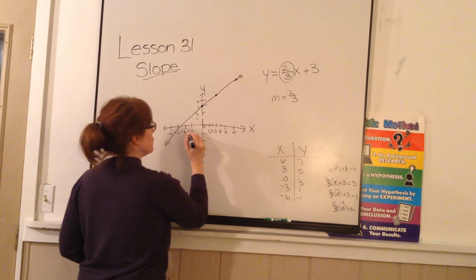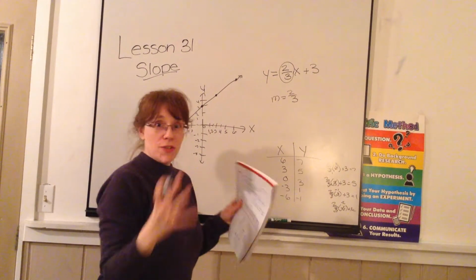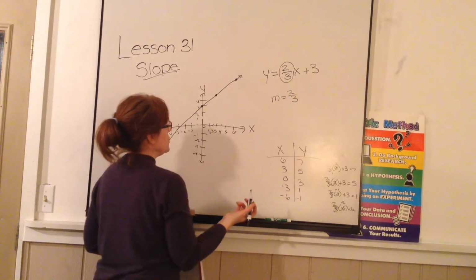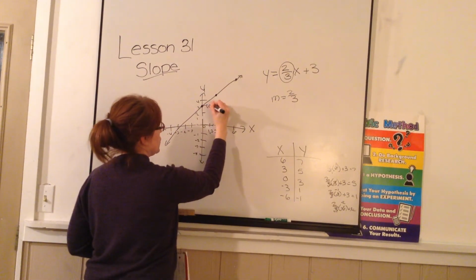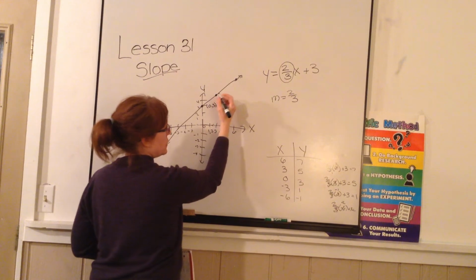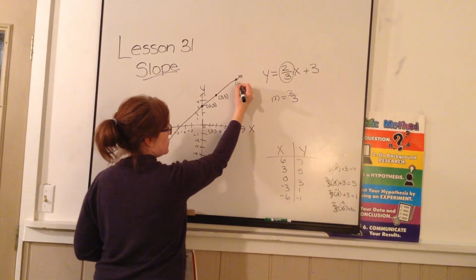Anyway, it's going to work even though I drew a really distorted graph. So if I was going to do these points, this point is 0, 3. This is 3, 5. And this is 6, 7.